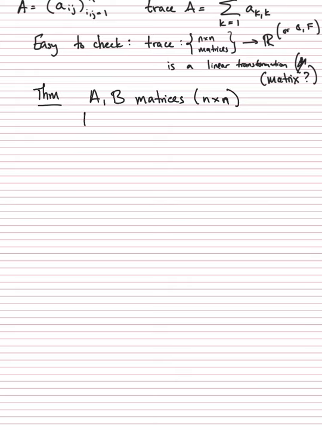Then the trace of AB is exactly the same as the trace of BA. This turns out to be a really important fact. The proof is homework, and this is important.